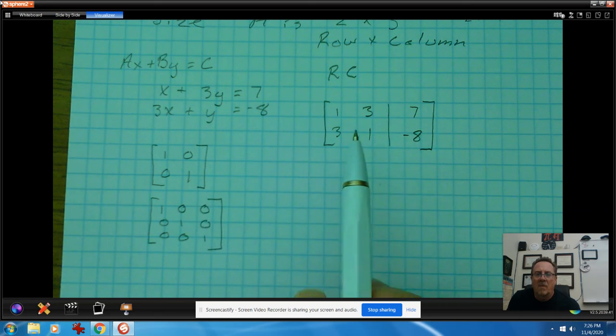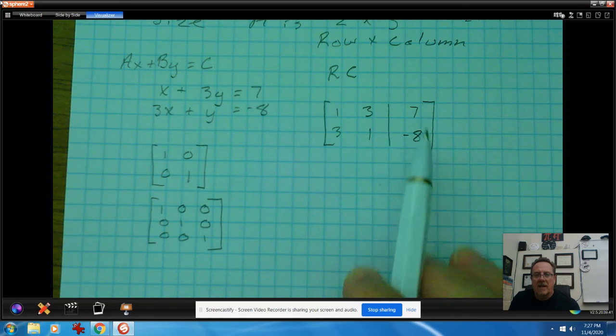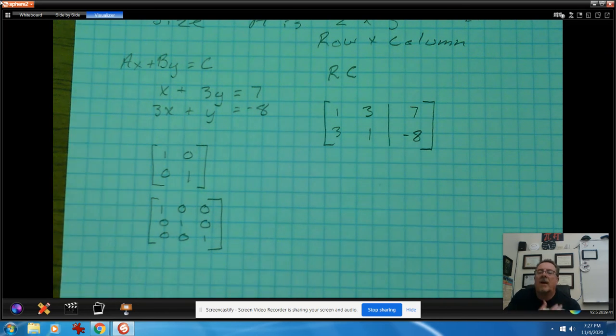But the idea behind this is that we're really going to be doing sort of the elimination method, but we're not writing any of the variables. We're just dealing with the coefficients, and over time, when you get used to using matrices, that makes it easier to solve systems of equations, especially once you start getting into longer and longer systems.